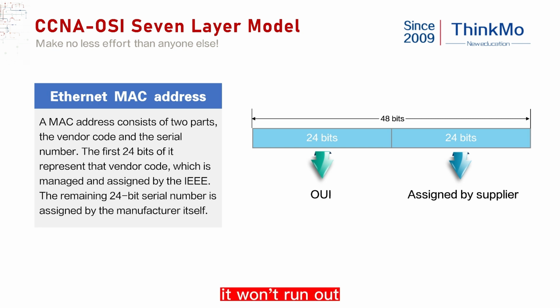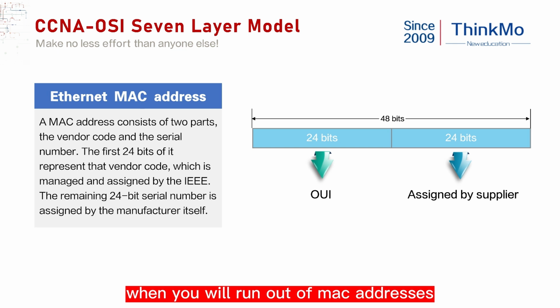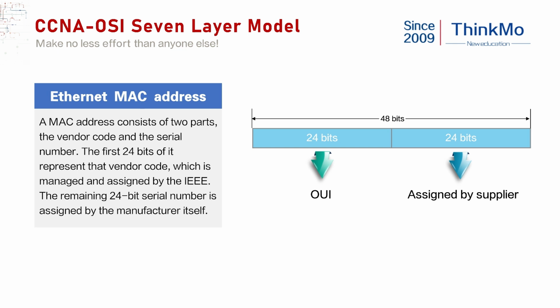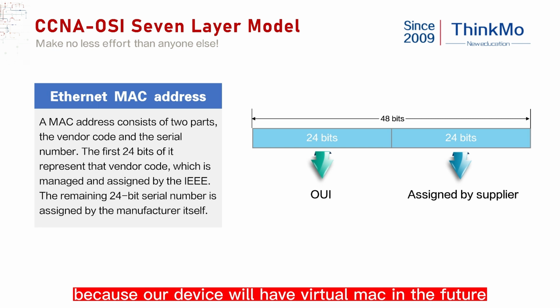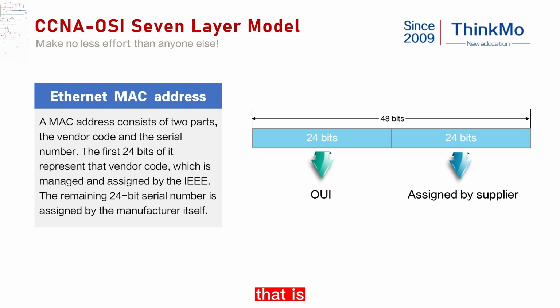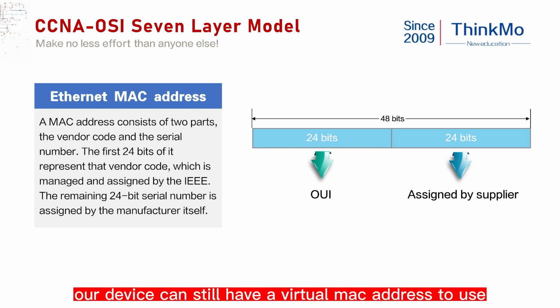Second, even if everyone is worried that there will be a day when we run out of MAC addresses, that doesn't matter, because our devices will have virtual MAC addresses in the future. Our devices can still have a virtual MAC address to use.